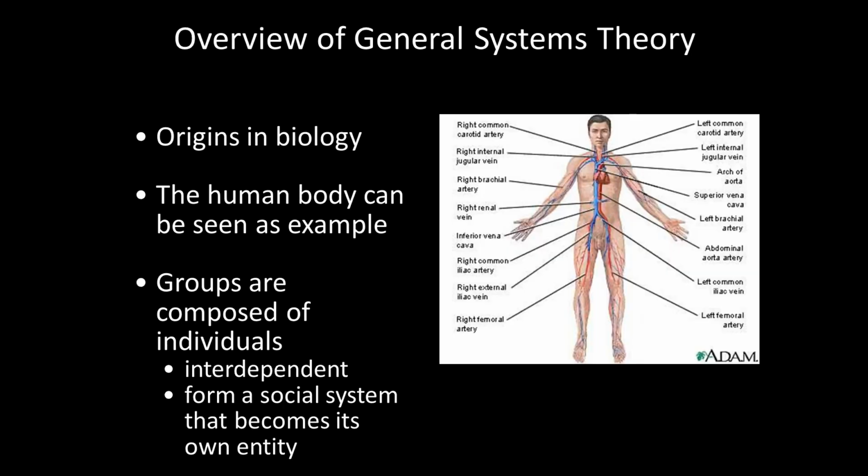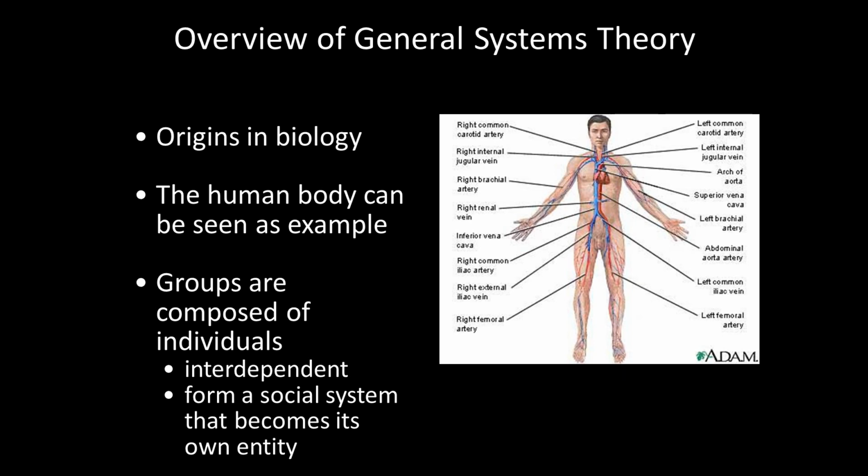So, systems theory. Systems theory was originally developed by a biologist, Ludwig von Bertalanffy, as a way to explain complex living organisms. The idea here, when it was originally looked at from a biological perspective, is that the human body, for example, can be seen as a complex system. However, inside the human body, there's a variety of subsystems: circulatory, skeleton, muscular, and so on.